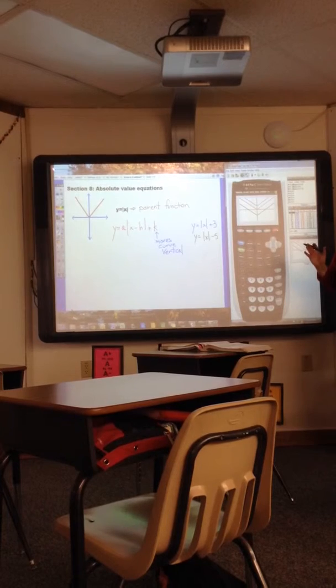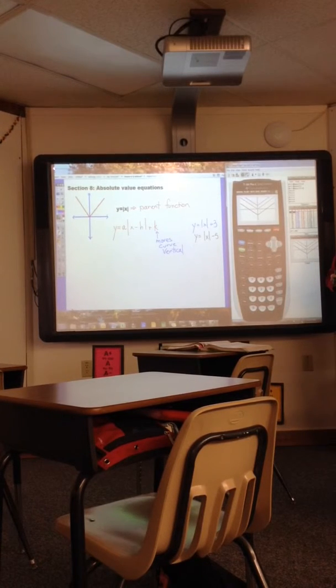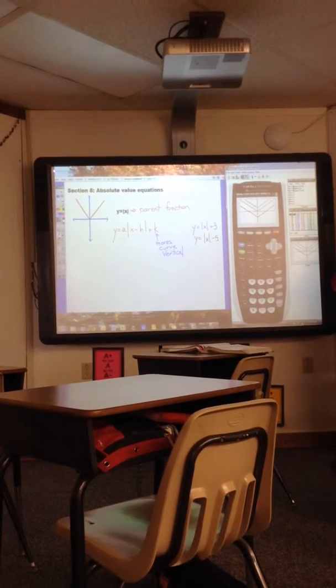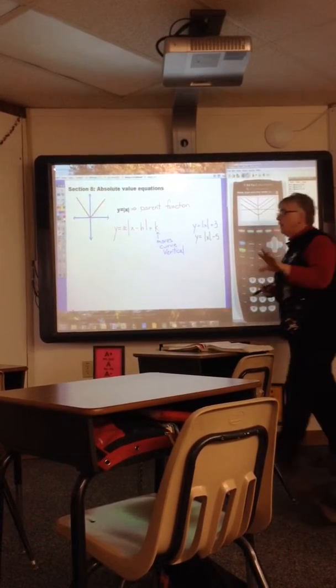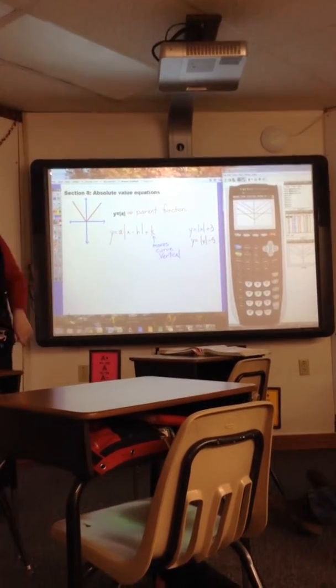The V is exactly the same. It's just either up or down so many units. So what do we have to change to make it move horizontally? Which of the letters are we going to change, the A or the H? H. We're going to change the H.